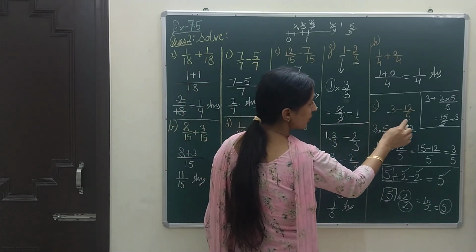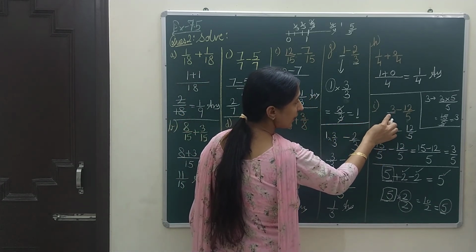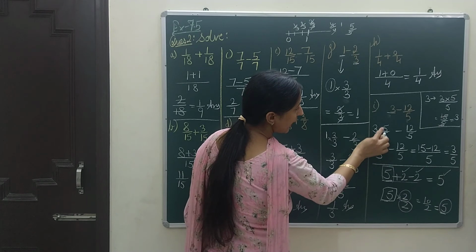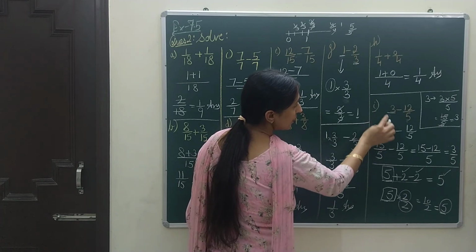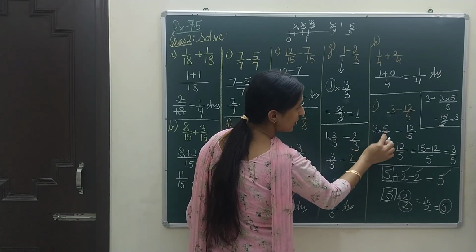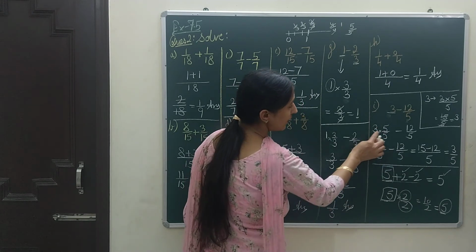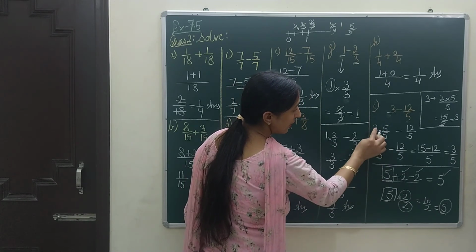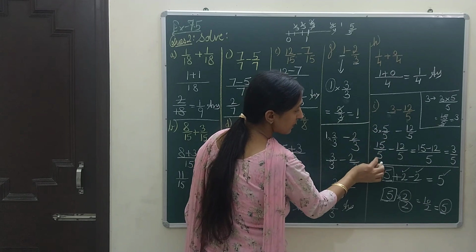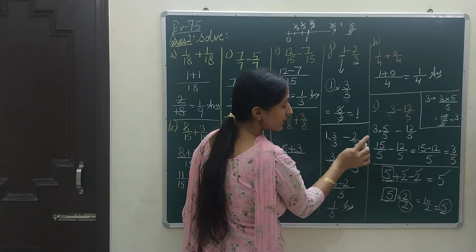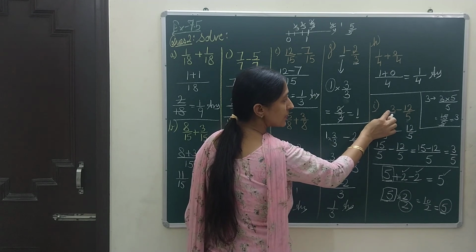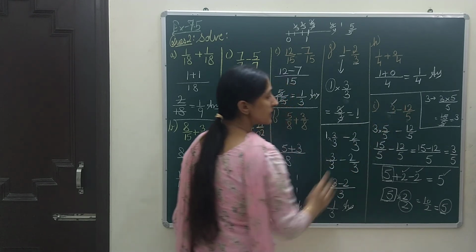In the same way, in this question I needed 5 here. So I multiplied and divided 3 by 5. That means I have written 5 in the denominator and also in the numerator, and it will be 15 by 5. Now the fraction that you get has denominator 5, and its value is not changing. Its value is the same as it was earlier, that is 3.